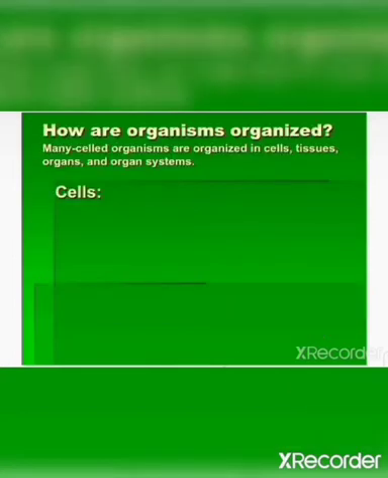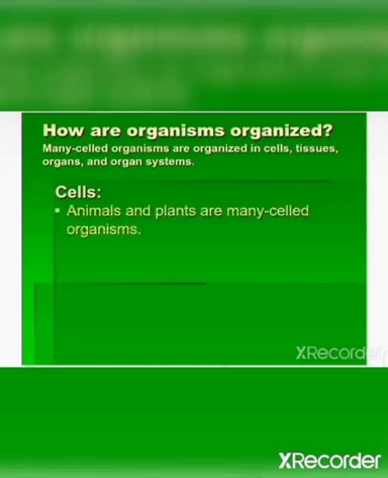How are organisms organized? Many-celled organisms are organized into cells, tissues, organs, and organ systems. So animals and plants are many-celled organisms, right? So they are the multicellular organisms, right?